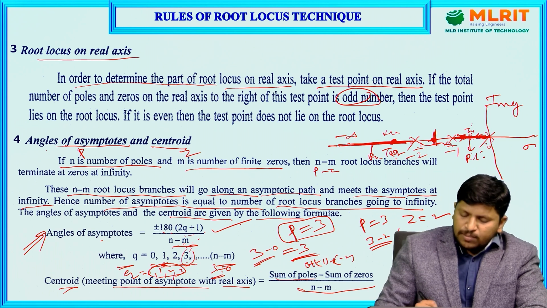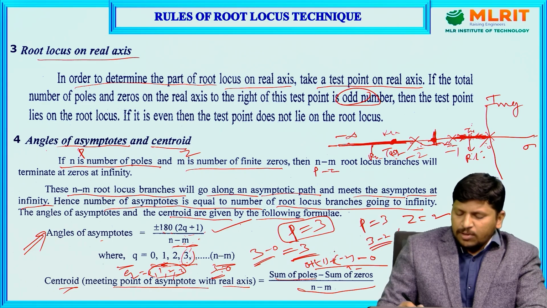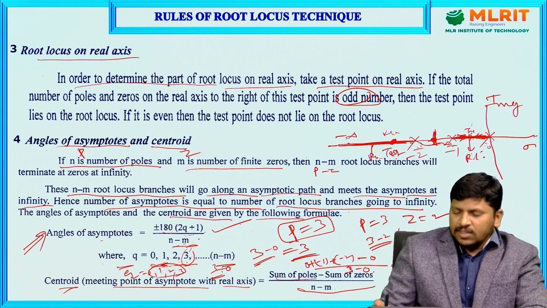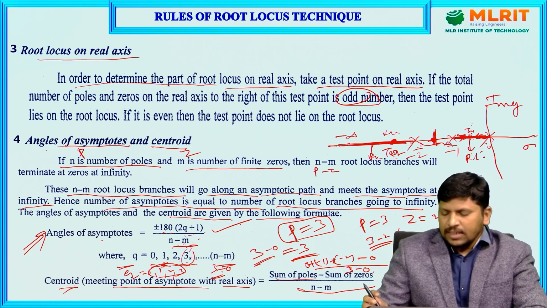This is the sum of the poles minus the sum of the zeros; there are no zeros. So 0 plus minus 1 plus minus 2, which is minus 3, divided by the number of poles 3 minus the number of zeros 0. Minus 3 divided by 3 gives minus 1 as the centroid. So simply we are going to calculate like this.